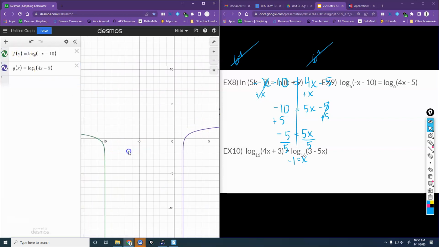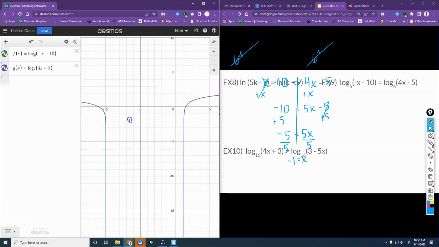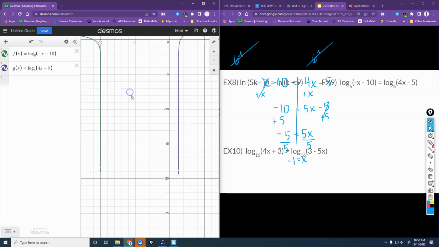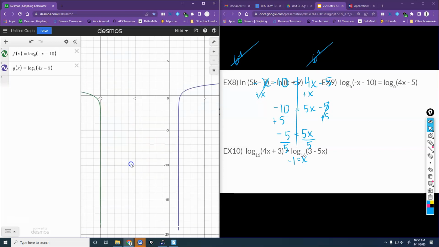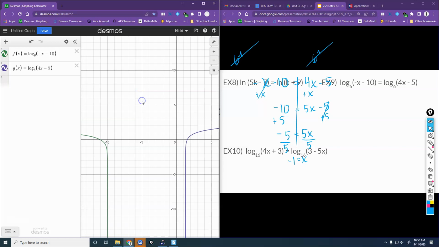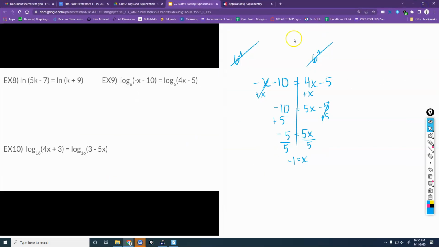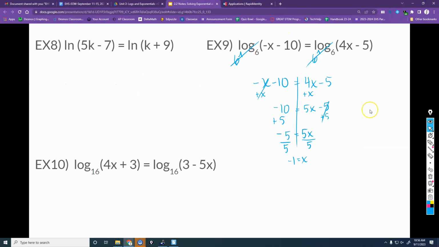Now here is the issue. Oh, there's my green graph. Does this look like they're going to cross? It does not. So what has happened here is we did everything right when we solved that equation. But if we were to plug in our answer to check, I would have log base 6 of negative 1 minus 10.